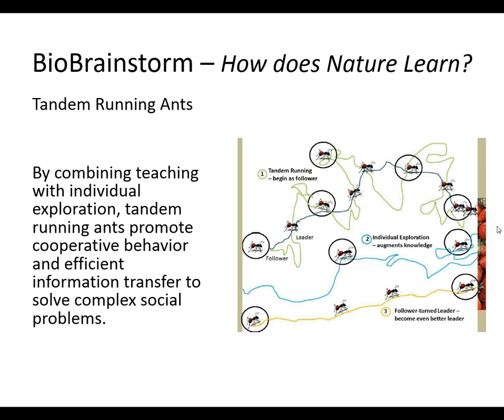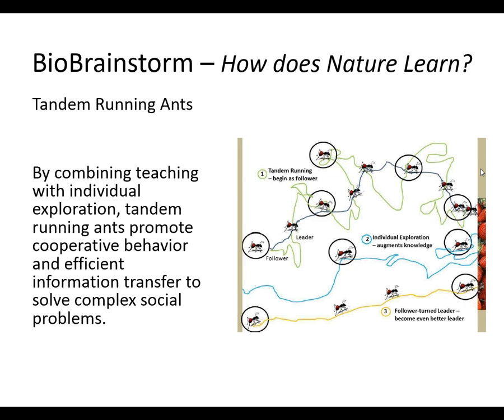And also from the biology, we learned that as the ants are involved in exploring, not just being a passive follower, but actually actively engaged in exploring their world, that increases their engagement in the process and results in additional exploration.